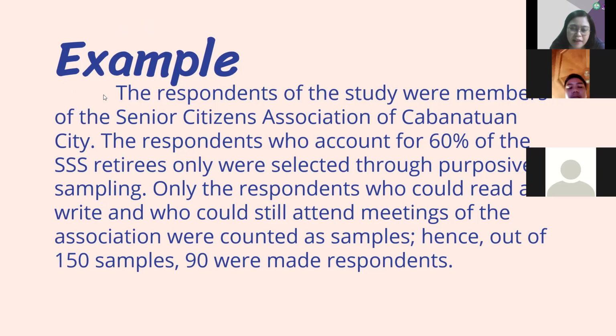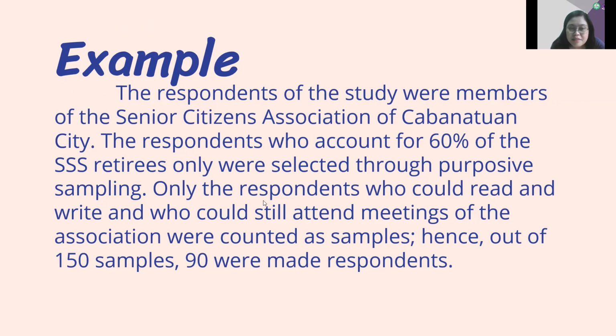So how is the sampling technique written? First, identify the population. Second, we have another criteria and the sampling technique itself. The sampling technique being used here is purposive sampling.